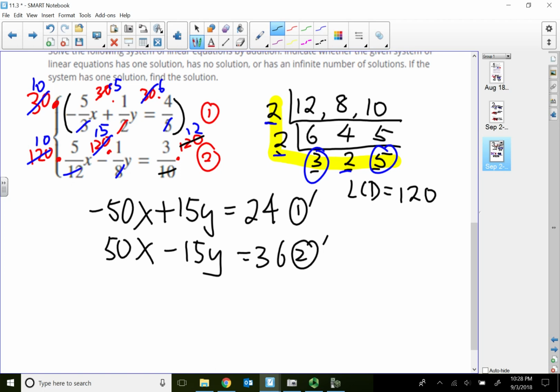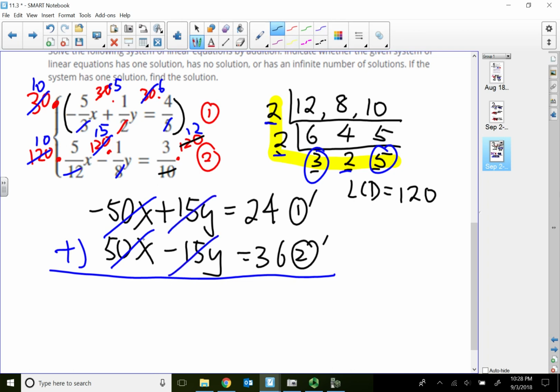So right away I see the x has the same coefficient, the y has the same coefficient, just different signs. If I want to eliminate x, then I must add them. Different signs we add. Negative 50 plus 50 will cancel out. As a matter of fact, 15 plus negative 15 will also cancel out.